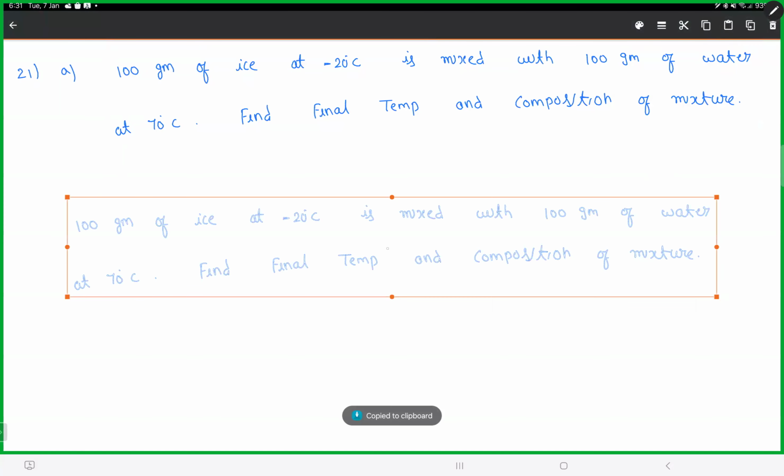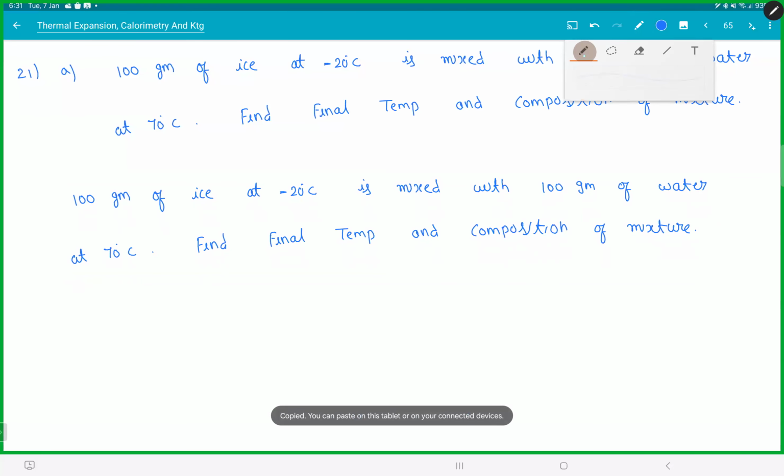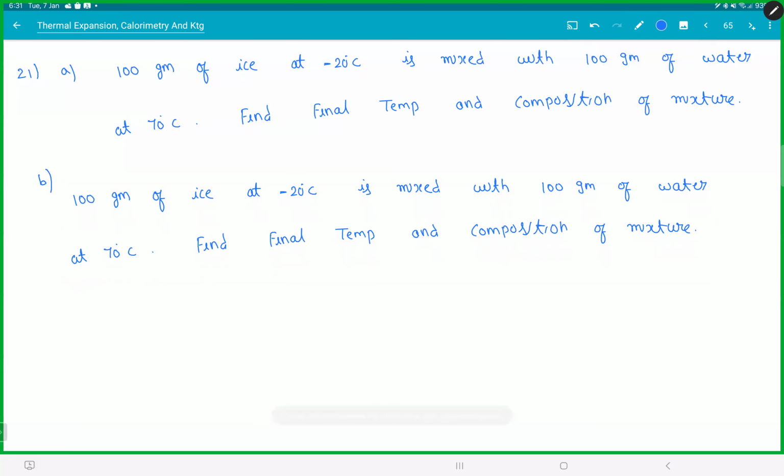Same question. I will just change the number. What if this is 100-degree water? This is 70, this is 100. Everything else is same.